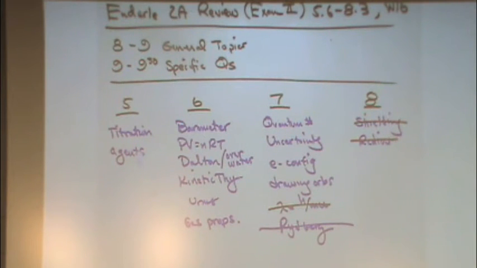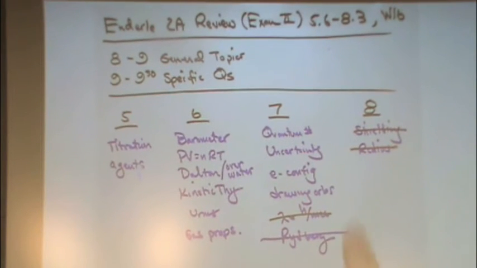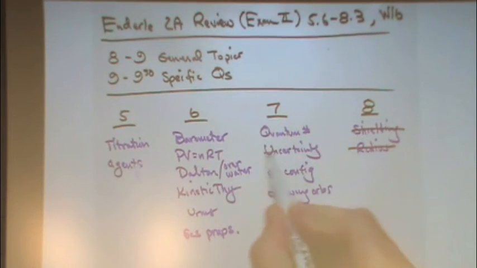Okay, cool. Let's do uncertainty, because that's also a formula. Okay, the form that I consider kind of unusable looks like this, at least for our level of class.